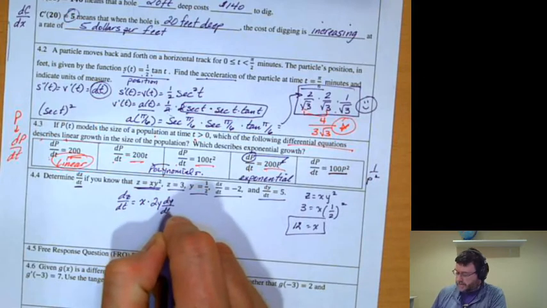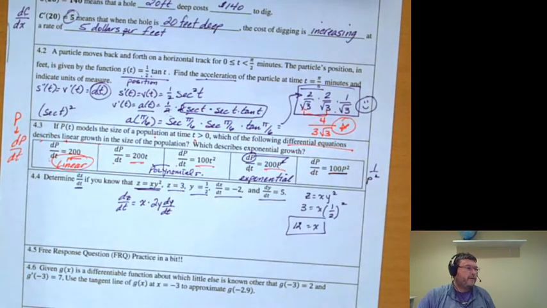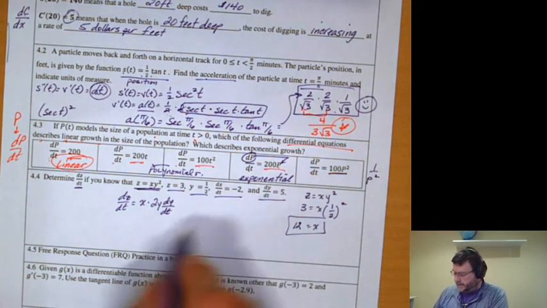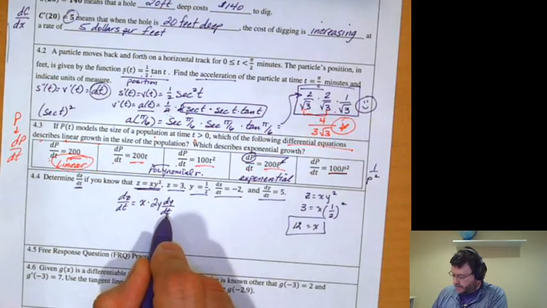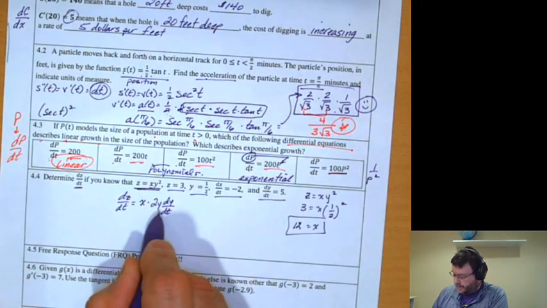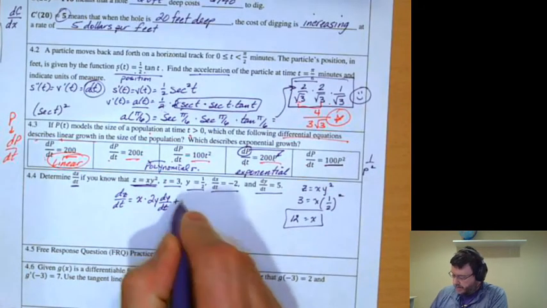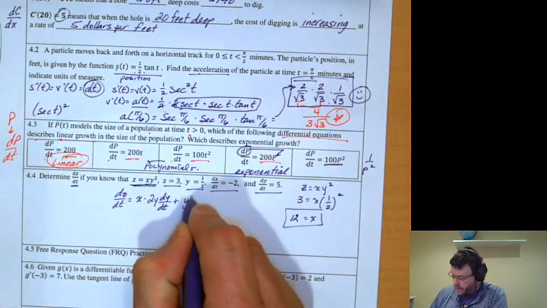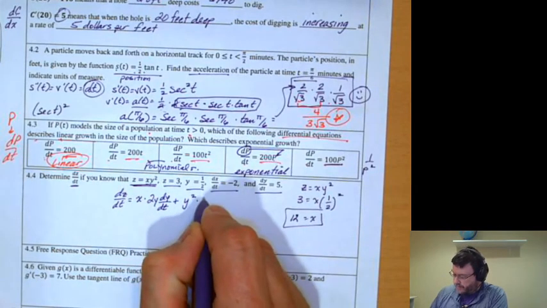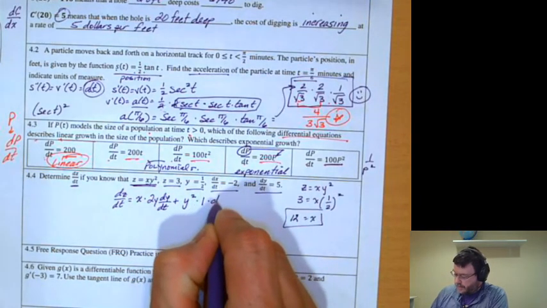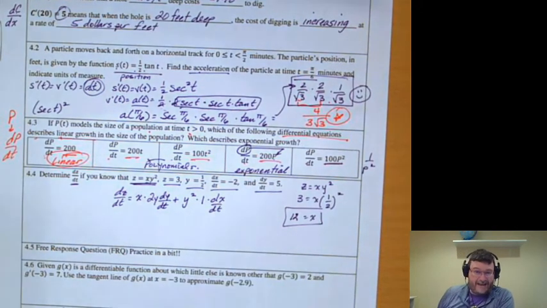But because I am taking the derivative of y in terms of t, I need that dy/dt because there's no t in here. Plus the second, which is y squared, times the derivative of the first, which is 1 times dx/dt. Taking the derivative of x with respect to time.